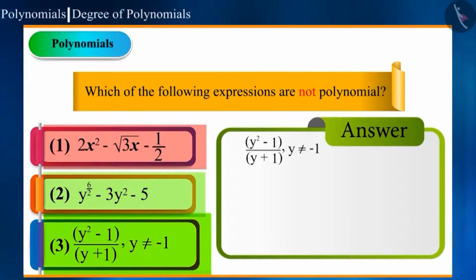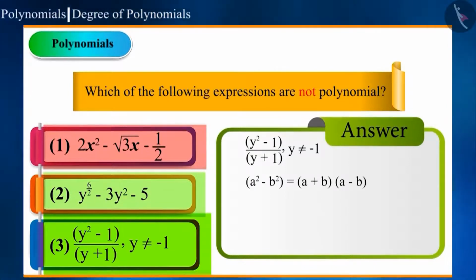Now we have the third option, y square minus 1 by y plus 1, where y is not equal to minus 1. Friends, on seeing y plus 1 in the denominator, straight away do not say that it is not a polynomial, but try to simplify it. Like using algebraic identity, a square minus b square is equal to a plus b, a minus b.